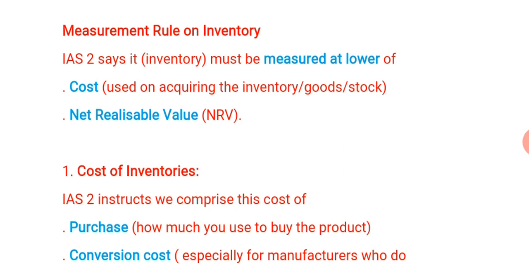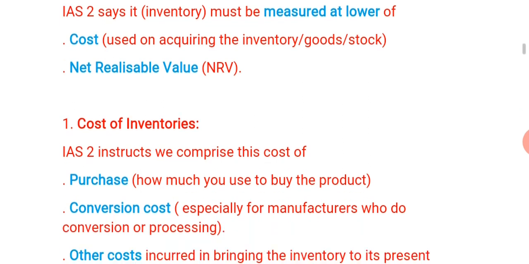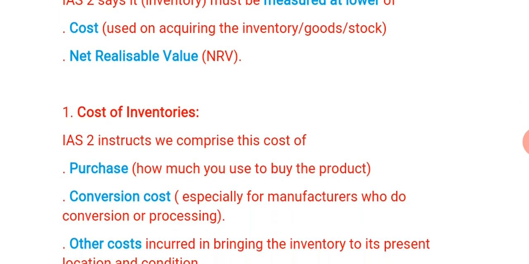So IAS 2 instructs that we comprise this cost of, that's the cost of inventory. Now when you're using the cost method, you comprise it of, the first is the purchase cost, and the purchase cost is how much you actually bought the shirt for in the market.